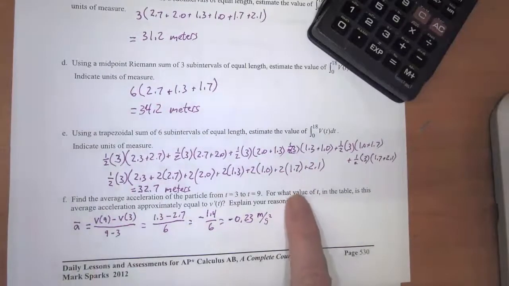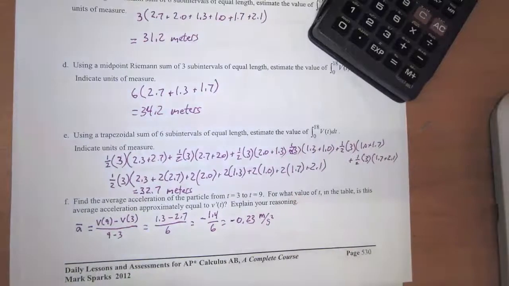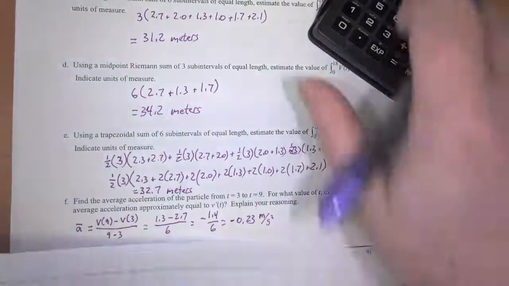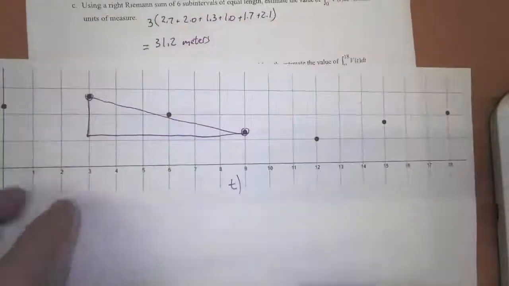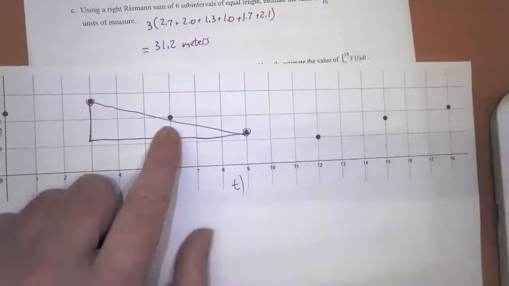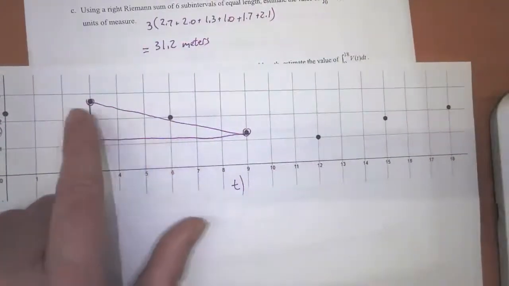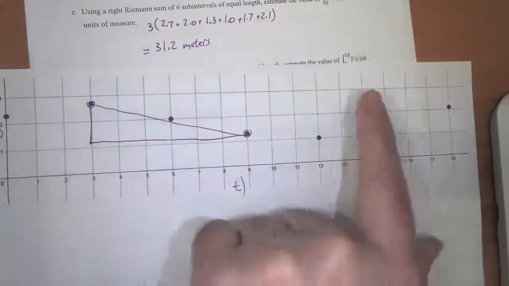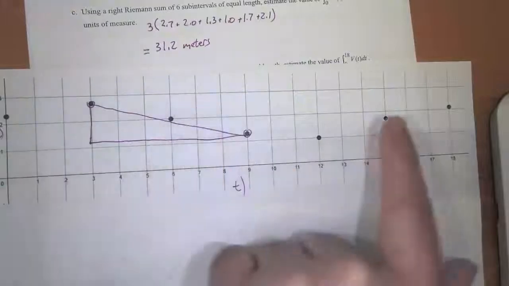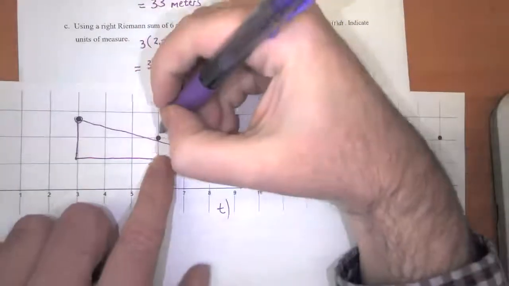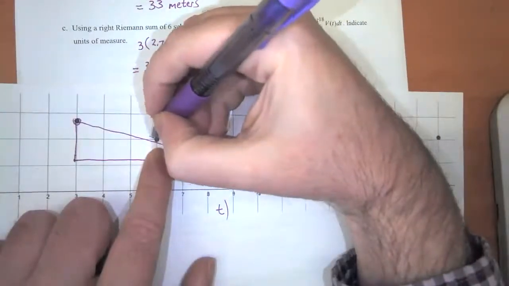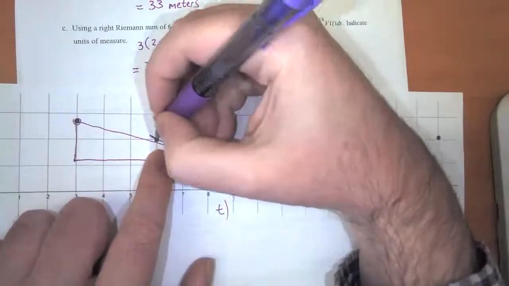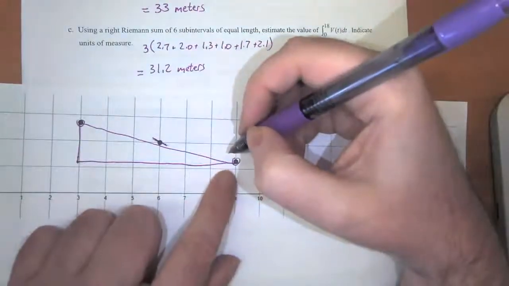So their question is, for what value of t in the table is this average acceleration approximately equal to the derivative of velocity? And the answer is that assuming that the function is behaving fairly well, we can assume that its derivative around this point is going to be somewhere along this line.